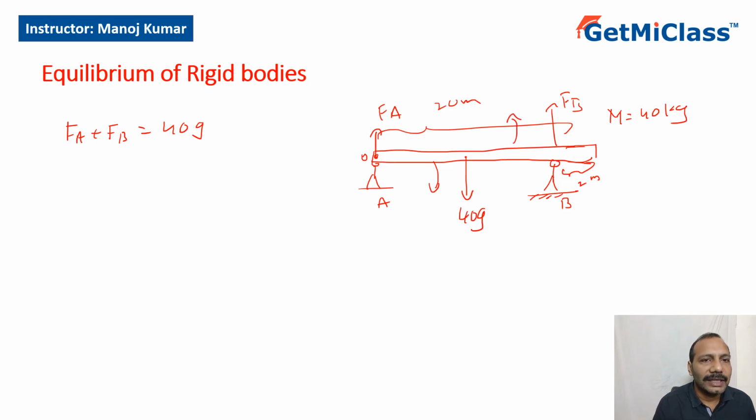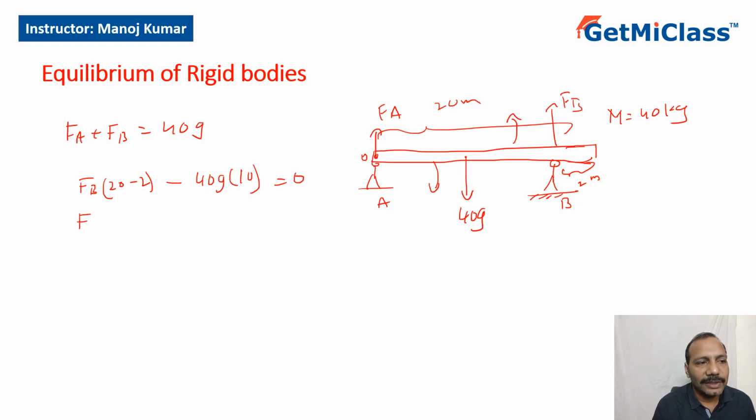So I can say FB into how far it is, total distance is 20. He is applying the force at a distance of 2 meters from the edge. So 20 minus 2, minus 40G into, where is the center of mass of the bar? It is at 10 meters from the edge. Should be equal to 0.